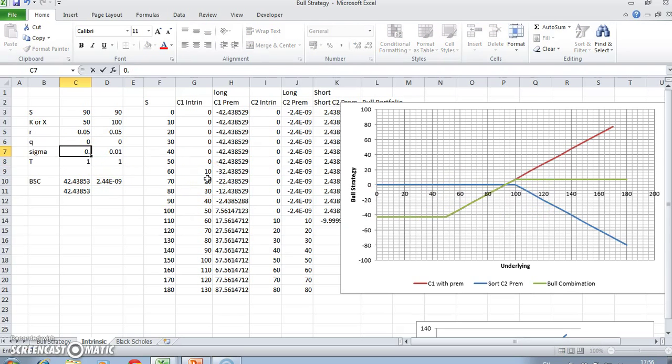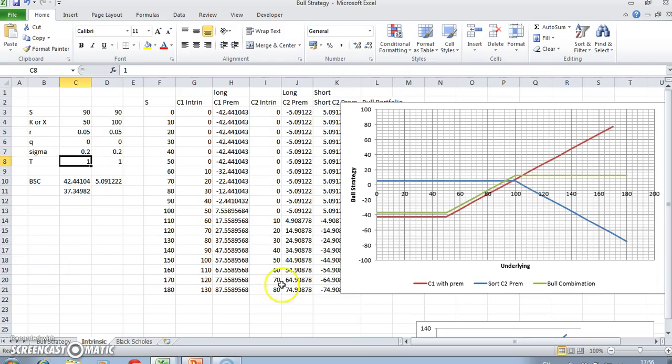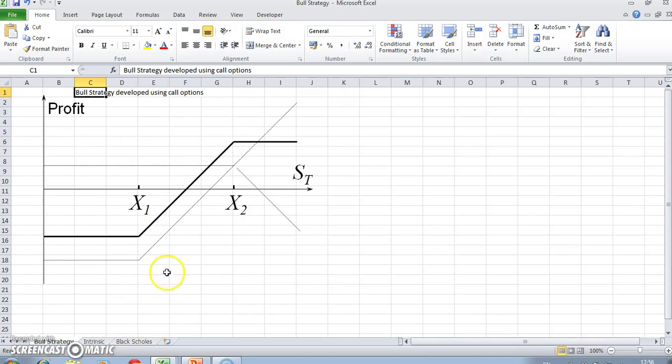So we revert back to 20%. As we increase the volatility, you can see the premiums increase. So this we would refer to as a bull strategy using call options.